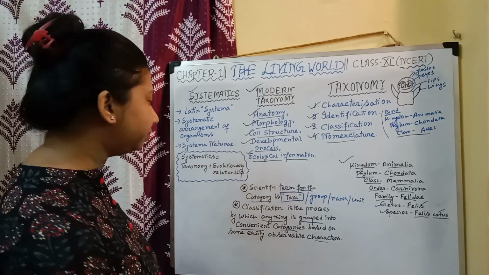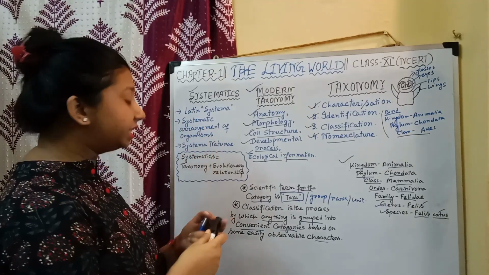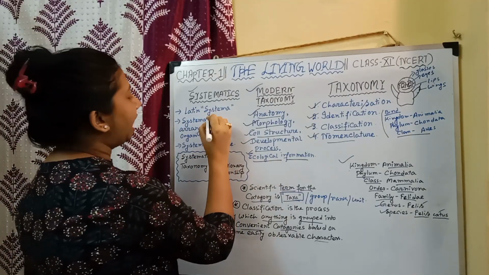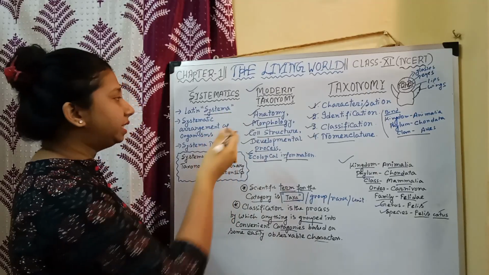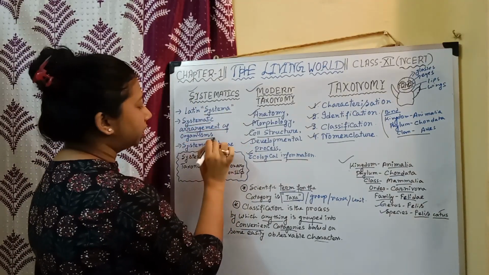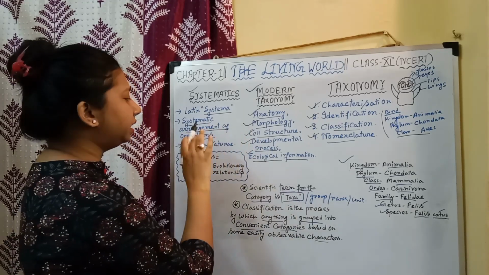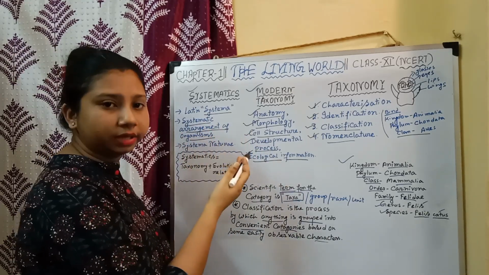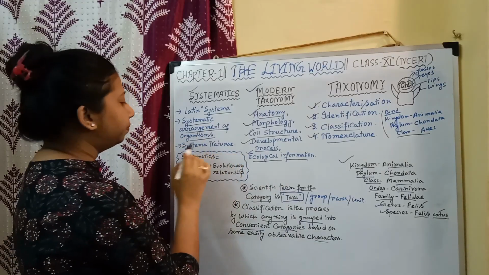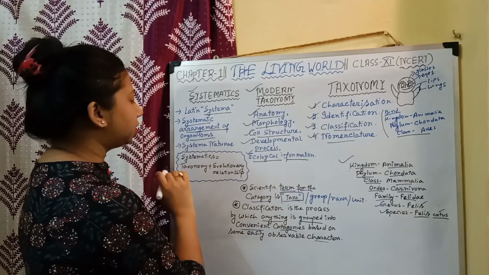Systematics came from the Latin word systema, and systematics means systematic arrangement of organisms. From that definition you may say it is somewhat similar to taxonomy. Yes, it is.